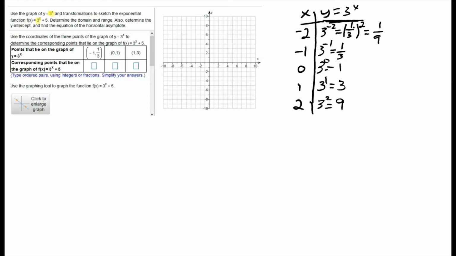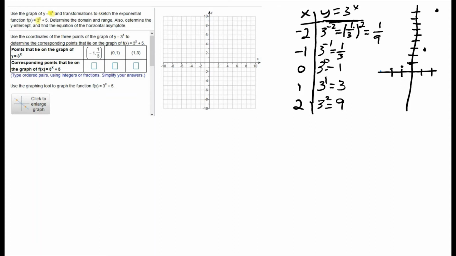So now we know we have some ordered pairs and we can sketch what the graph looks like. So we have 0, 1, 1, 3, 2, 9, -1 and 1/3, -2 and 1/9.